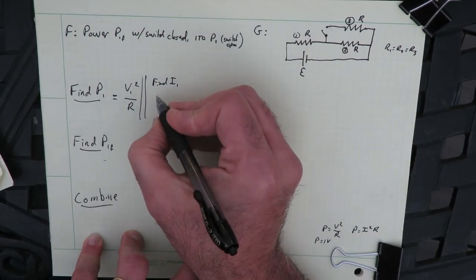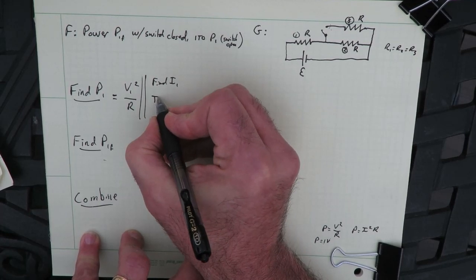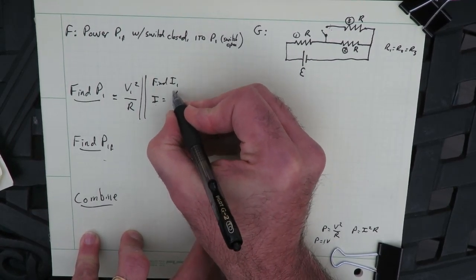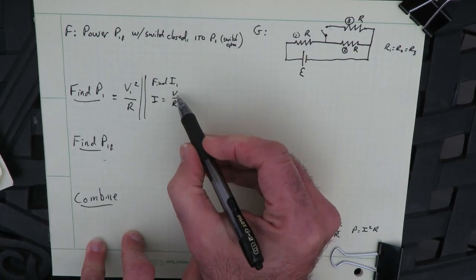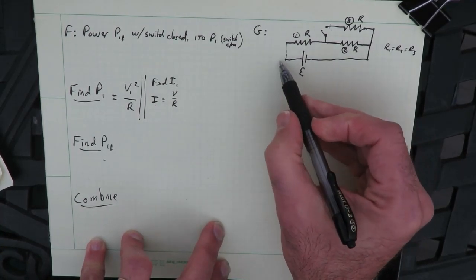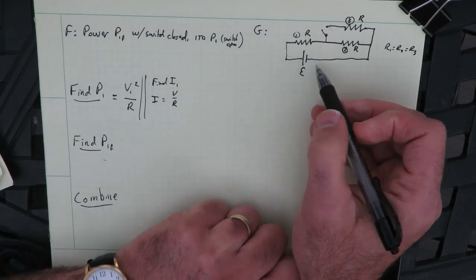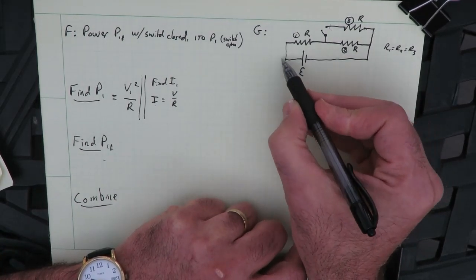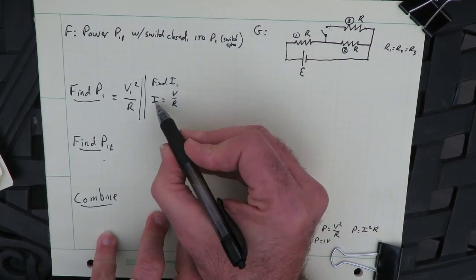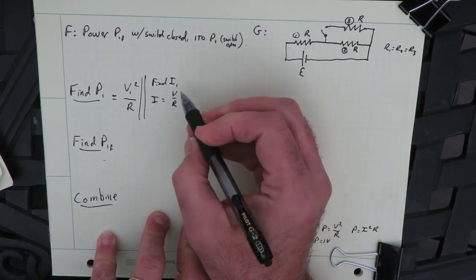How are we going to do that? We're going to use Ohm's law. I is equal to V over R. This is the current which is leaving the battery. And that's what we want, because the current leaving the battery is also the current which passes through this first resistor here. So we're going to find the current leaving the battery.